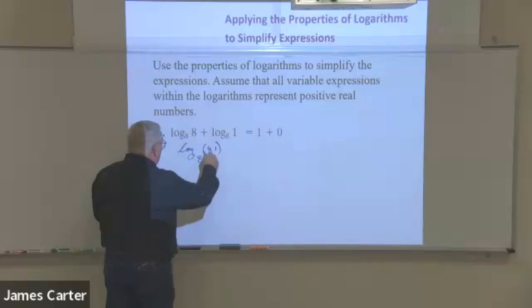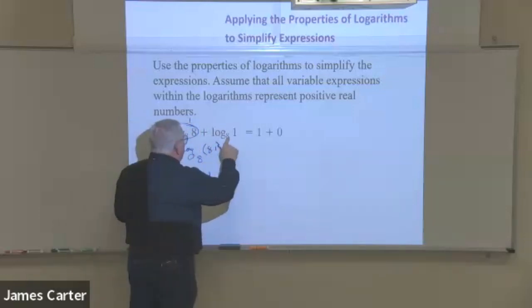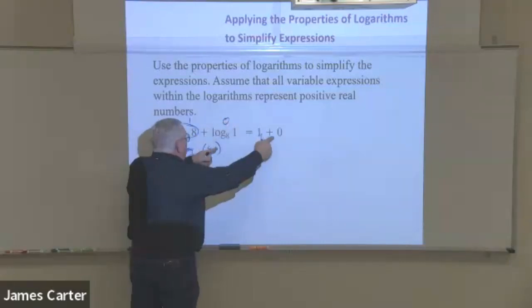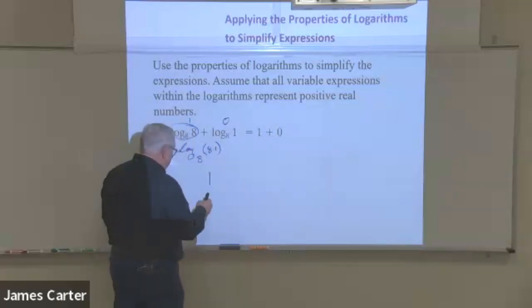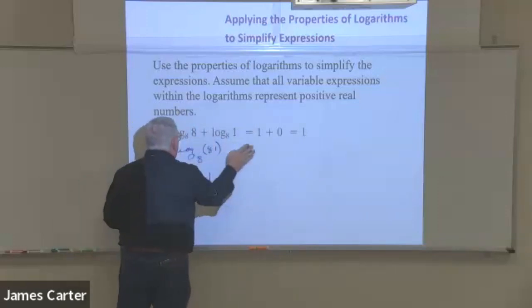Well, which would give me an answer of 1. But the way they did that is they evaluated this log base e of e right here as 1. And then they said, anything to the 0 power is 1, so this was equal to 0. So you got 1 plus 0, and ultimately 1 that way. Two different ways you can work the same problem.